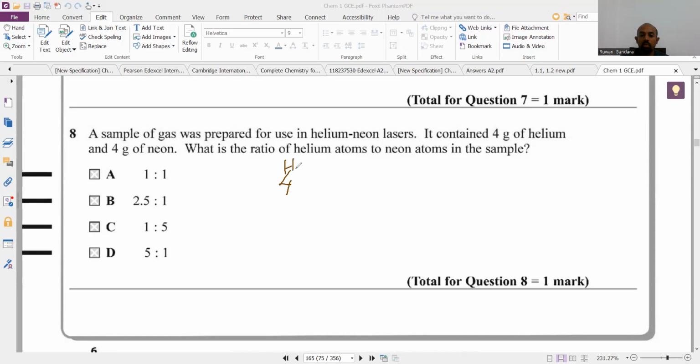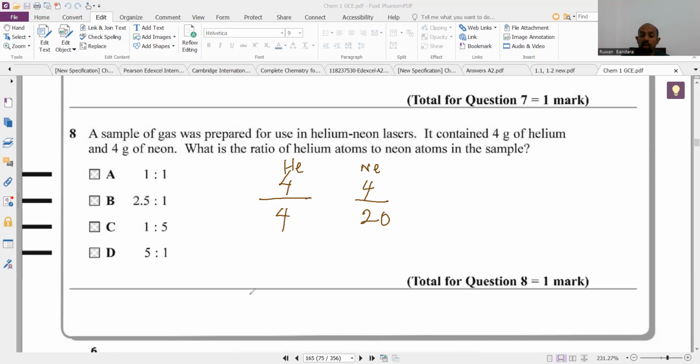For helium and for neon, I'll be dividing by the molar mass. Right? Helium, sorry. Yes.